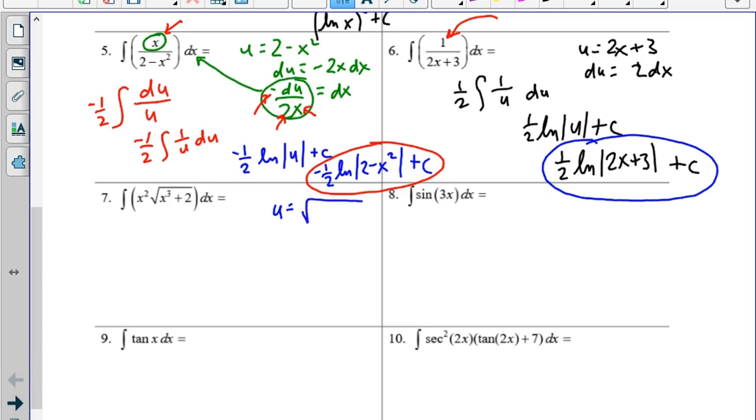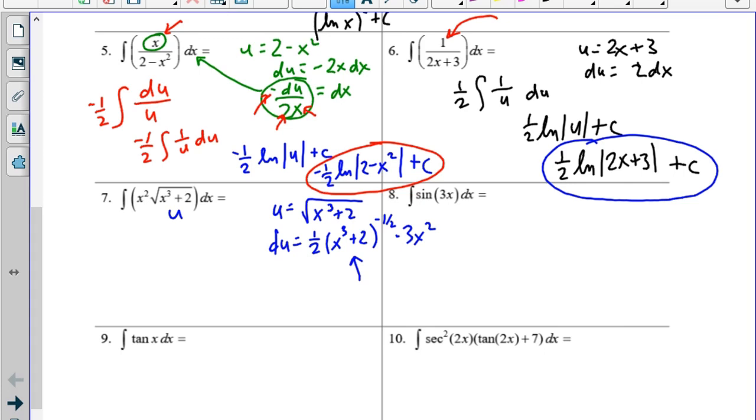So my two choices for u in this case could be the square root of x cubed plus 2. That's a bad choice because if I take du there, I get 1/2 x cubed plus 2 to the negative 1/2 times 3x squared. The x squared is going to cancel out with the other x squared, but then when I replace this whole thing with u, I'm still going to have the square root of x cubed plus 2 in the denominator, and so then I have a u.